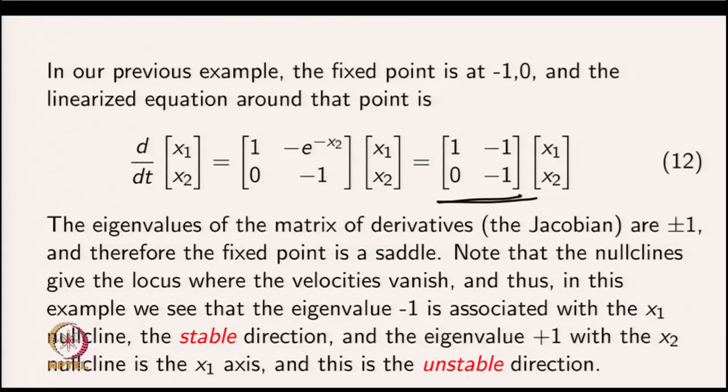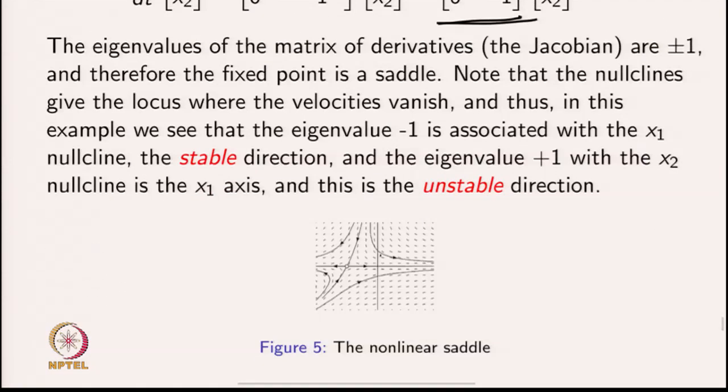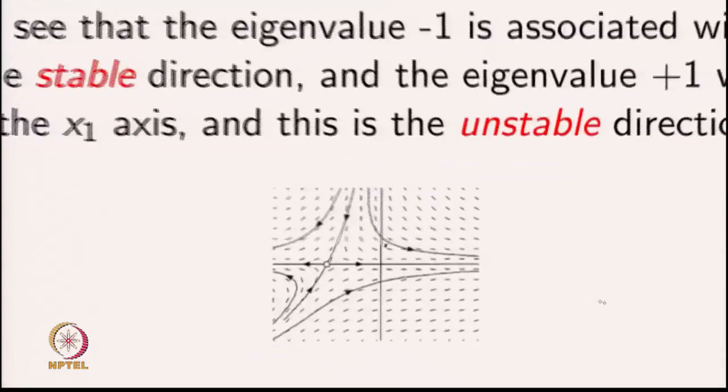The null lines give the curves along which the velocities vanish, and thus we can see in this example that the eigenvalue -1 is associated with the x1 null line, which is the stable direction, and the eigenvalue +1 is associated with the x2 null line, which is the unstable direction, and this is what the flow looks like.